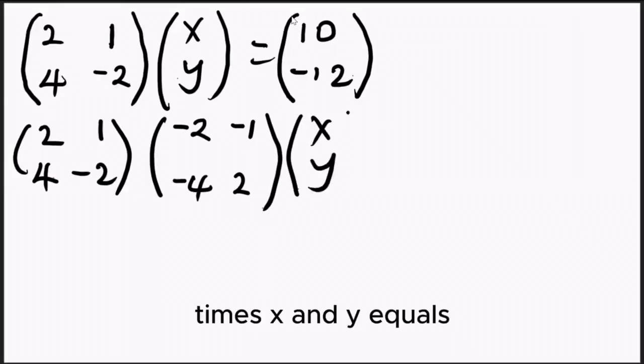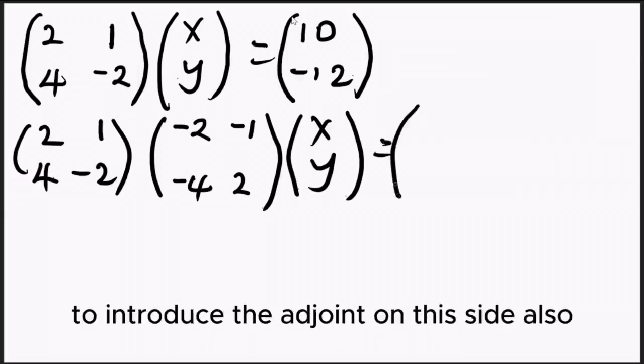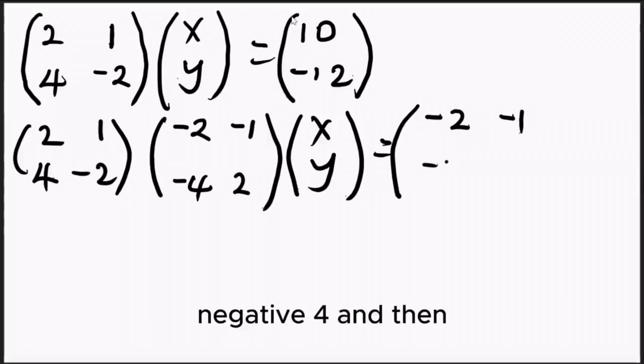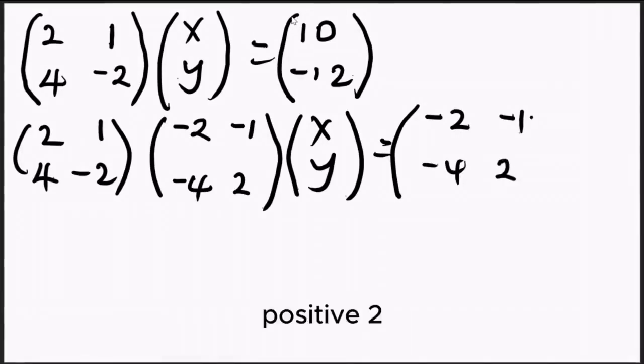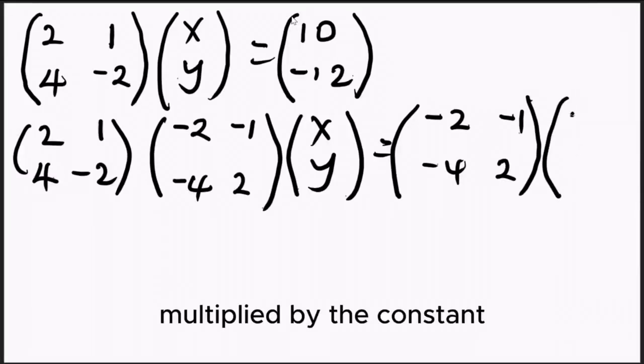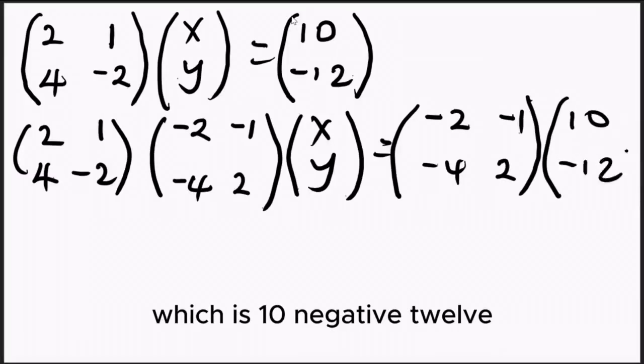Times x and y equals to, introduce the adjoint on this side also, negative 4 and then positive 2, multiplied by the constants, which are 10, negative 12.